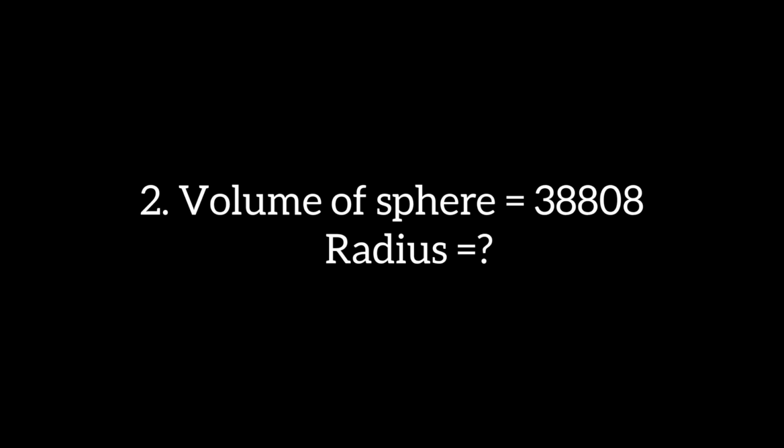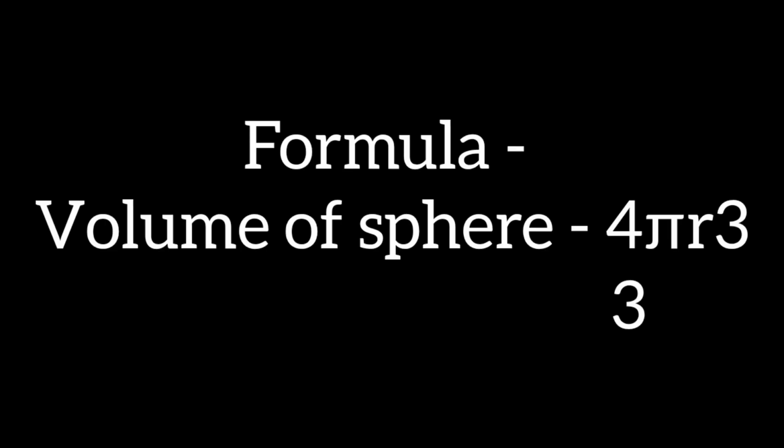Now let us solve the next question. For the next question we have the volume of the sphere, that is 38808, and the radius is unknown. We have to find the radius. First we put the values in the formula. The volume of a sphere is 4 by 3 pi r cube.